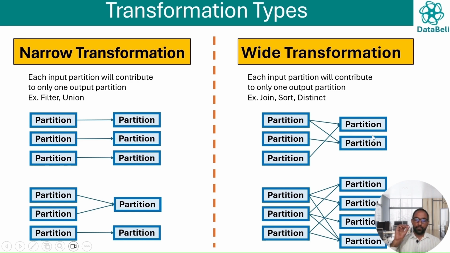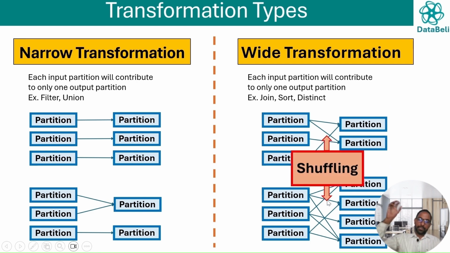But the important point to note here is that one input goes to multiple output partitions. And that is where the data is shared between various partitions, and sharing this data across multiple partitions is called shuffling. So this is also a very important term in Spark.